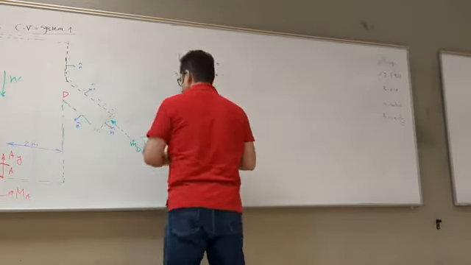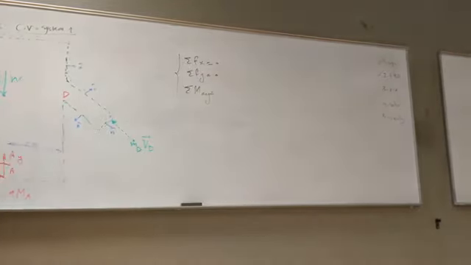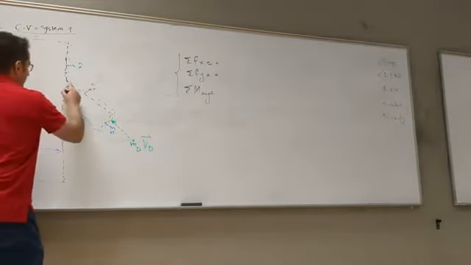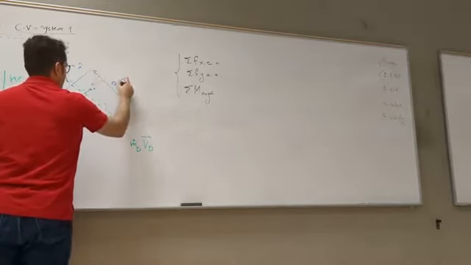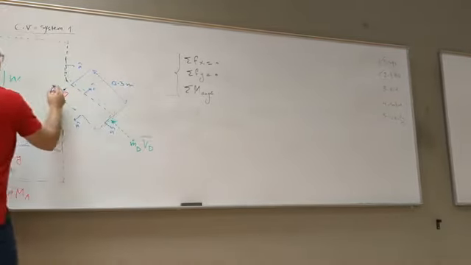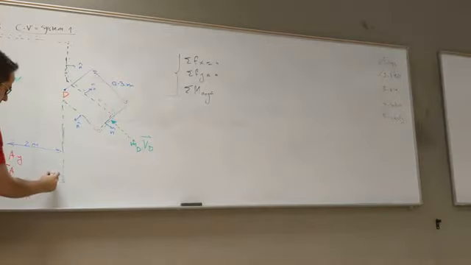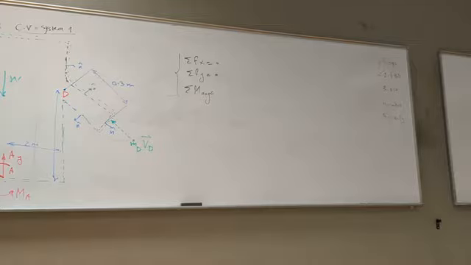Before I do the equation, I put the dimensions here. From here to here is 0.3 meter. From here to here is 10 minus 4, which is 6 meters.